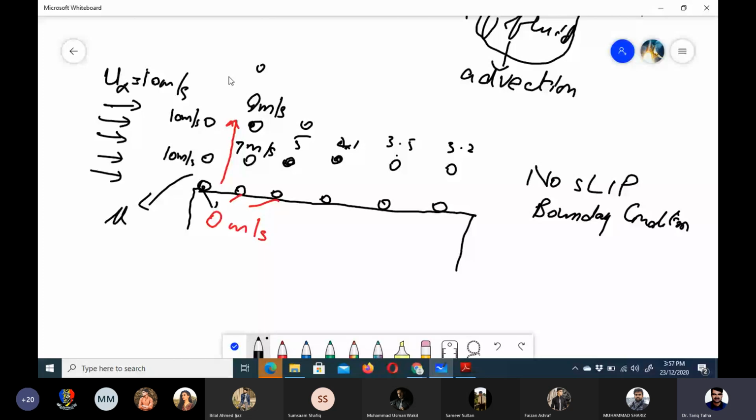So it means that when we move along x in the same layer, the molecule velocity would decrease. Velocity is decreasing here, but as we move away from the wall in the vertical direction, the velocity would increase.